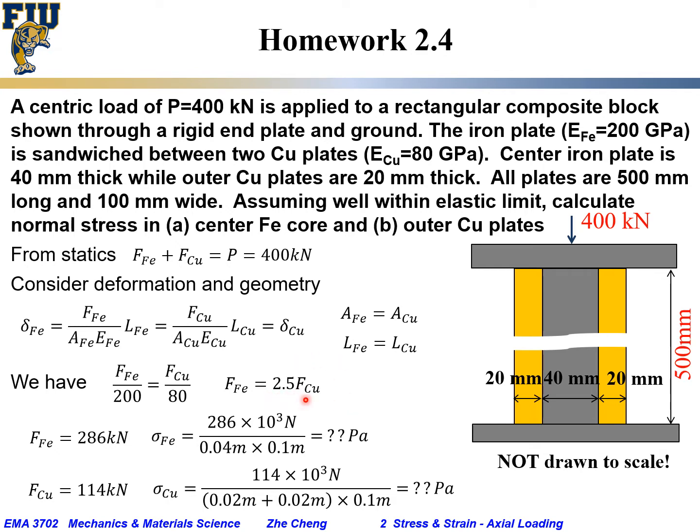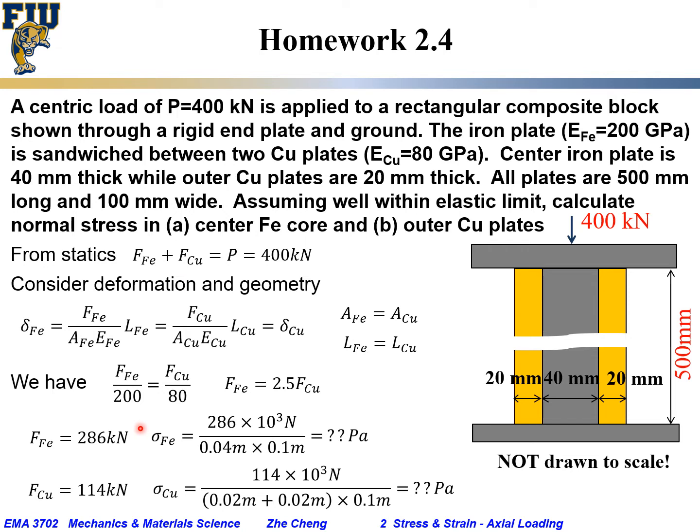Okay, so now we have how many equations left? One is from statics, the force balance. One is from the consideration of deformation and geometry. Two equations, how many unknowns? FFE, FCU, two unknowns.